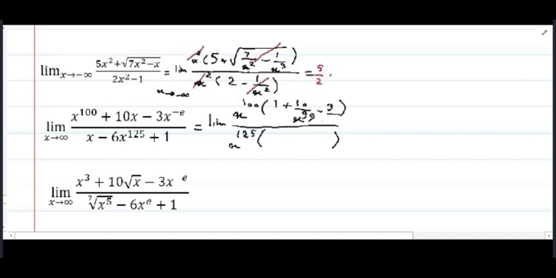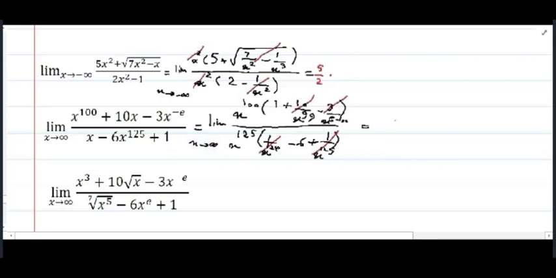If I divide, I get x^(100-100) here, and from the denominator I get minus 6 plus 1 over x^125. Here a number over infinity is 0, here also 0, so I reach this limit when x approaches positive infinity.